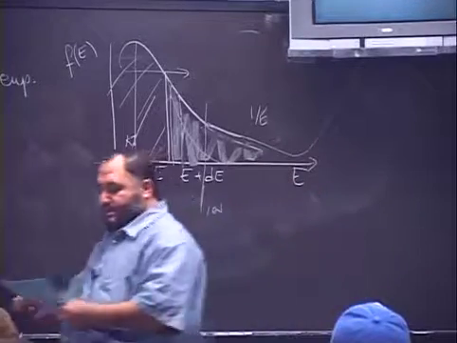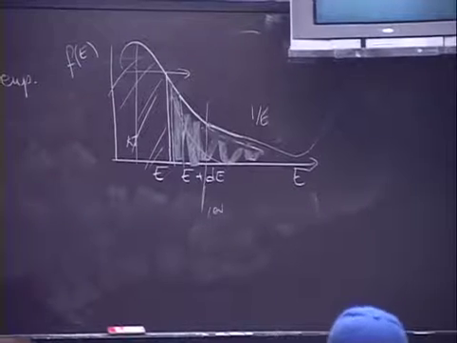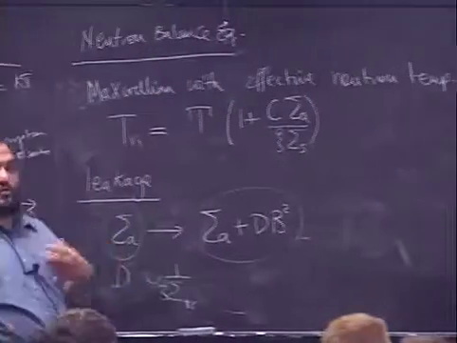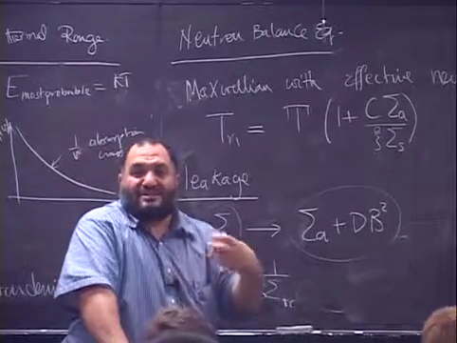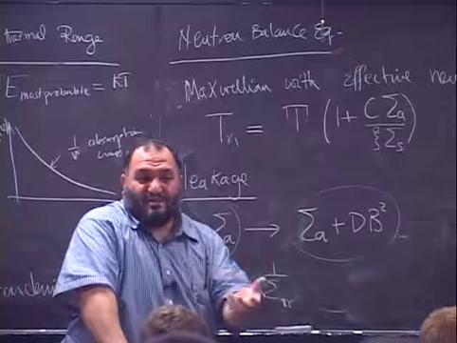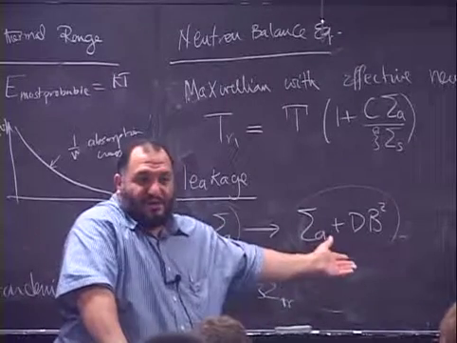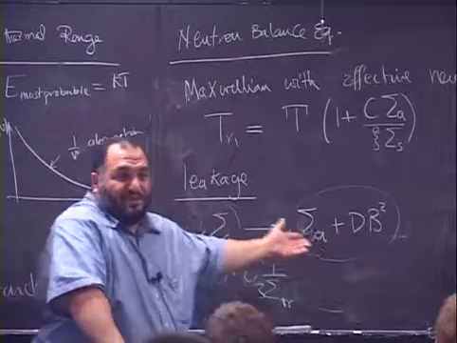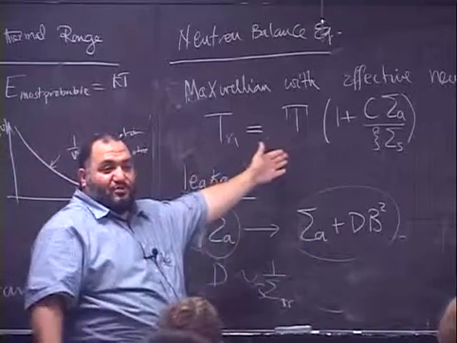Okay guys? So the flux, the Maxwellian: if we want to modify our Maxwellian distribution to give us the true distribution in the reactor, we should include the absorption, which will harden the spectrum. What's the effect of absorption? Adding a Maxwellian at neutron temperature instead of moderator temperature.